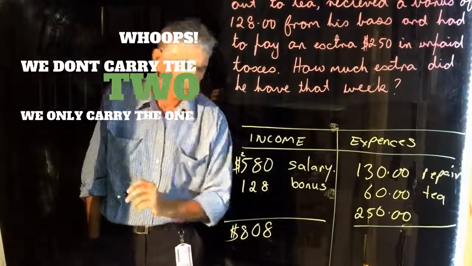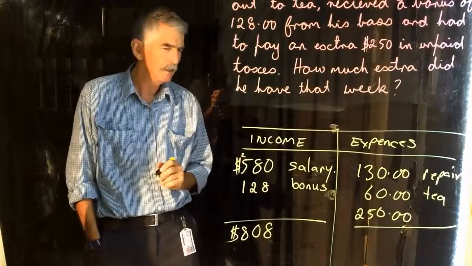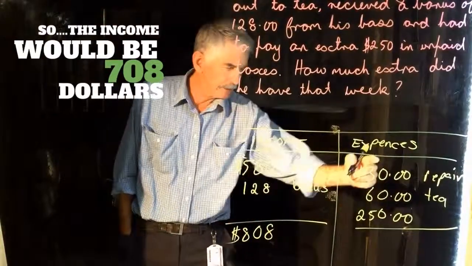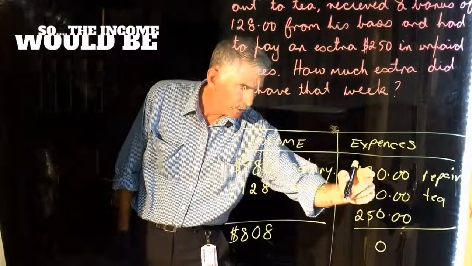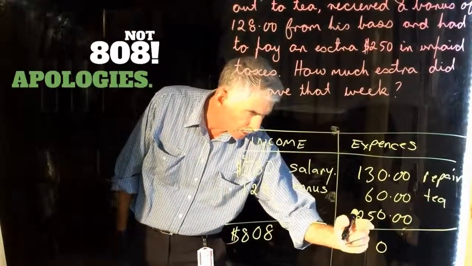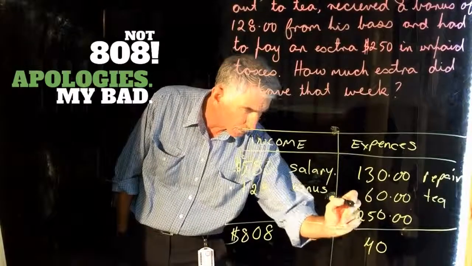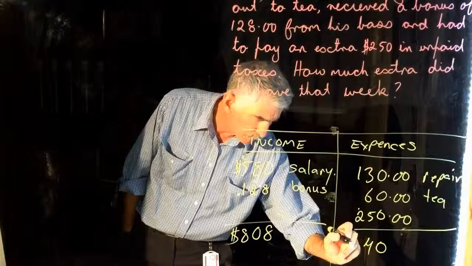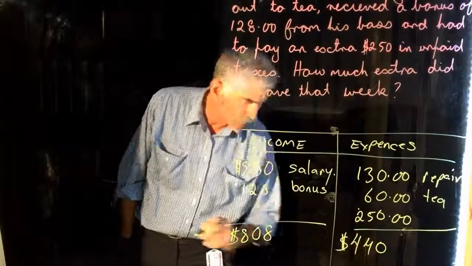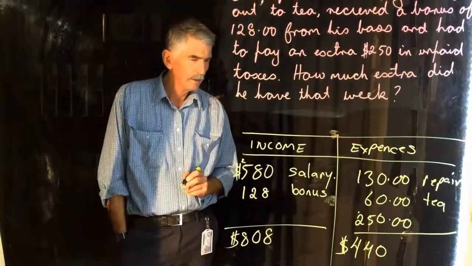So he had an income of $808 for that particular week. And his expenses are going to be 0 and 0 and 0 is going to be 0. 3 and 6 is going to be 9, 9 and 5 is 14. I put down the 4, I trade up the 1. 2 and 1 is 3, 3 and 1 is going to be 4, and his expenses are $440.